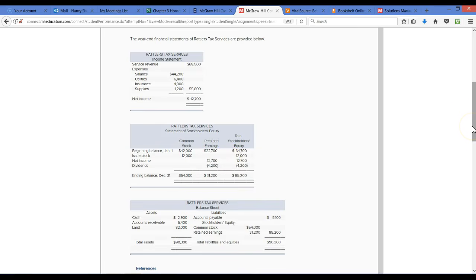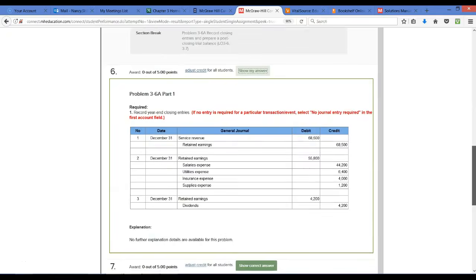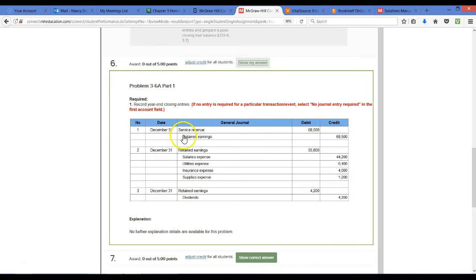So I'm just looking at the revenue, the income statement, and seeing the dividends to know what we need to close out. December 31st, we debit service revenue because we debit it to zero it out. Since it has a normal credit balance, we debit service revenue $68,500 to zero it, and we credit retained earnings of $68,500. The various expenses have normal debit balances, so we are going to credit all of those to zero them out.